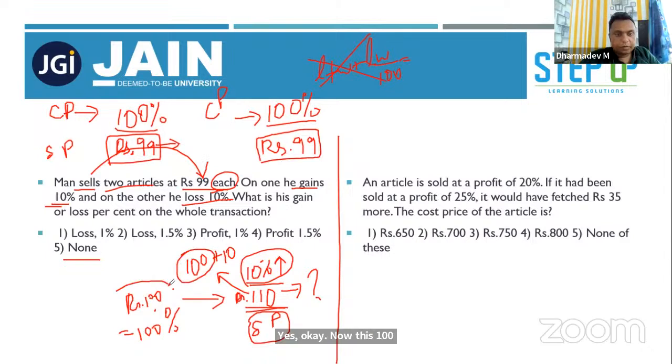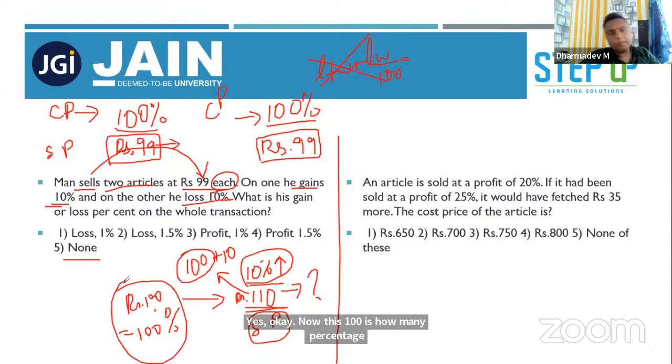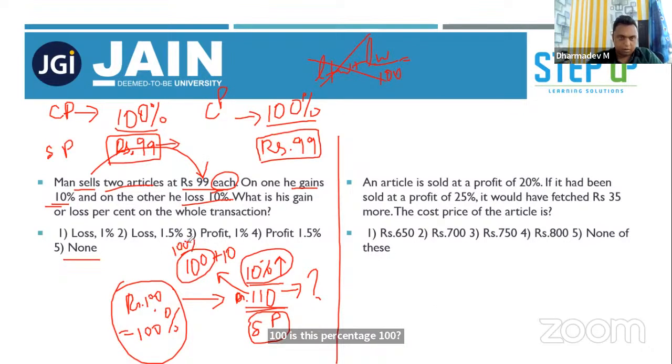Already we know that. 100 rupees is 100 percentage. Yes. This 10 rupees is how many percentage? 10. Yes.